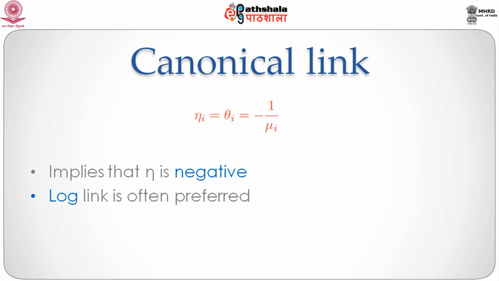As we know that the mean of a gamma distribution is positive, this implies that η is negative, and this has more implications for the values of the regression coefficients β. The canonical link is thus not used very commonly for gamma regression, and the more popular link is the log link.